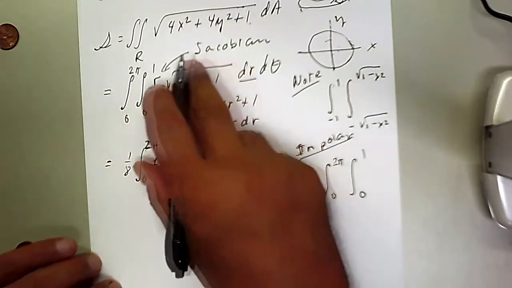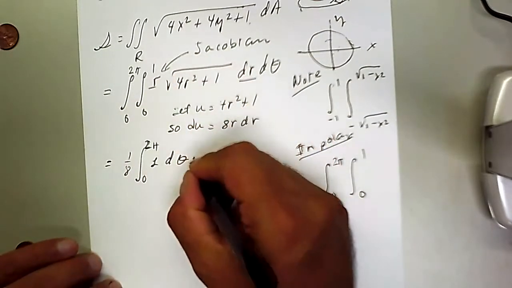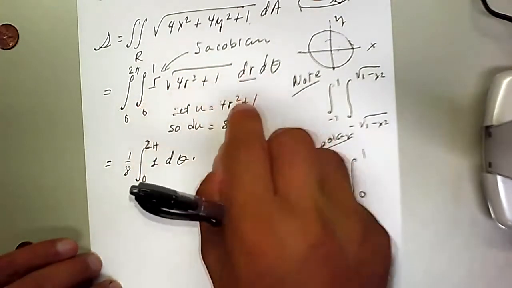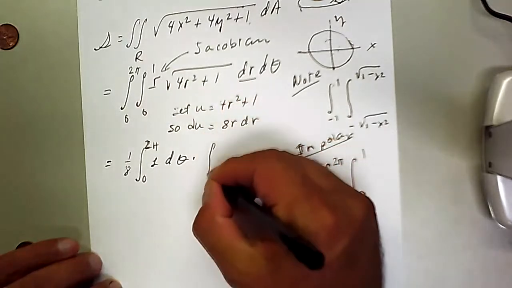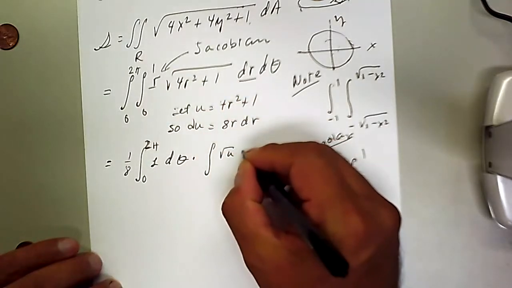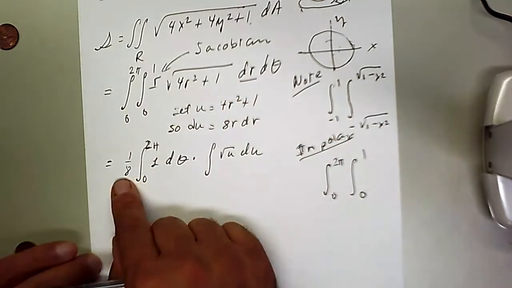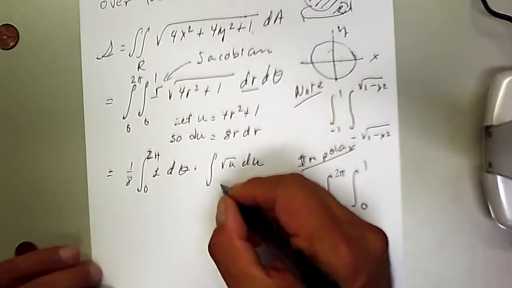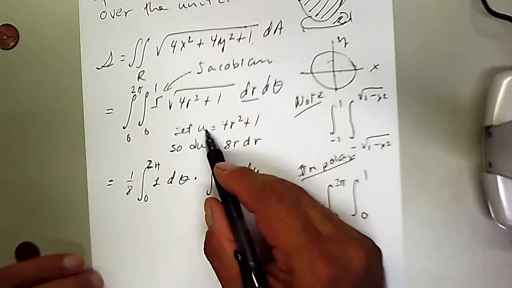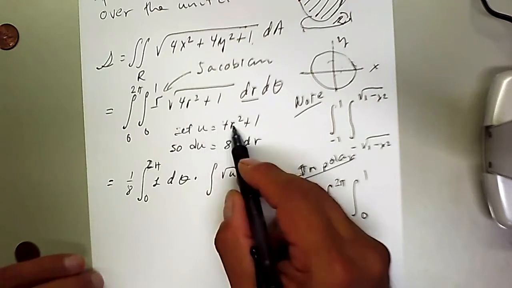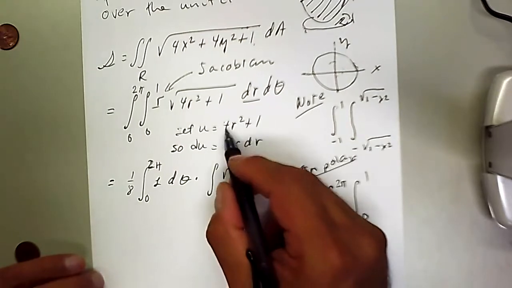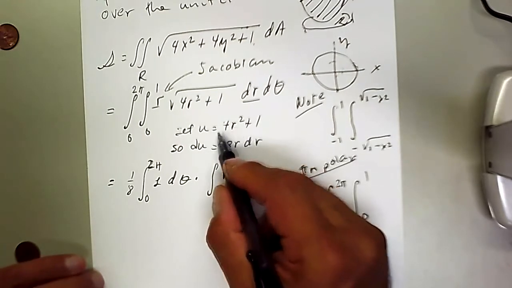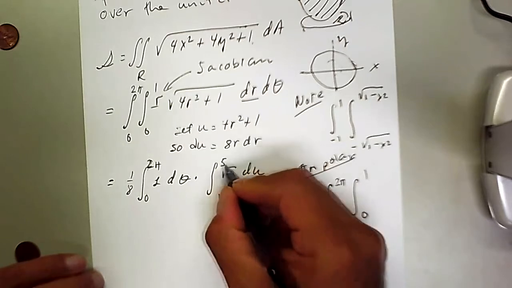And we still have to deal with this integral, but on the side, times this other integral, which is really the integral of the square root of u du. We already took care of the 8 out here. And u goes from, okay, so when r is 0, u is 1. And when r is 1, u is 5.